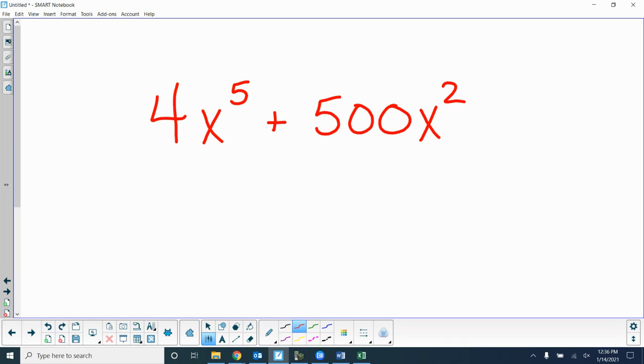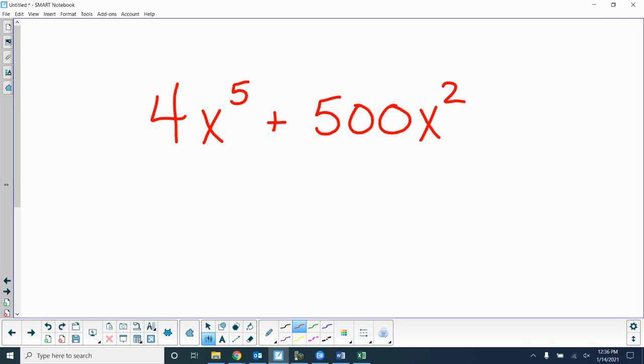Gotta go another step. That's not a difference in squares. You can do a binomial and a trinomial. Your binomial's right.